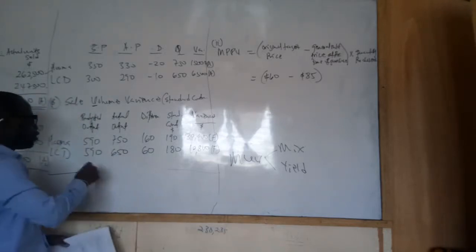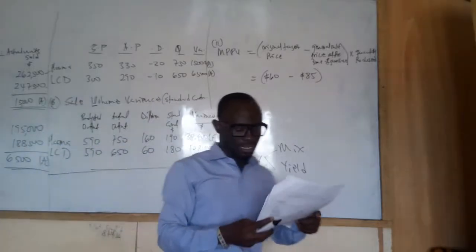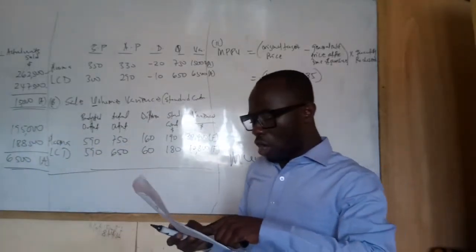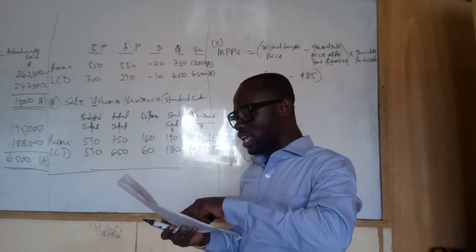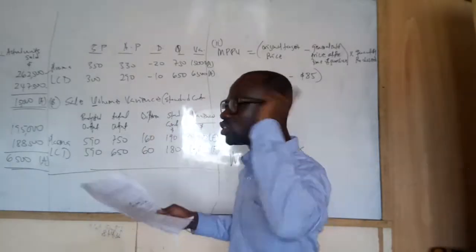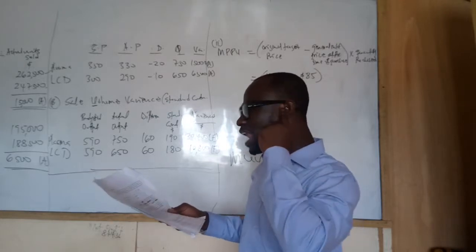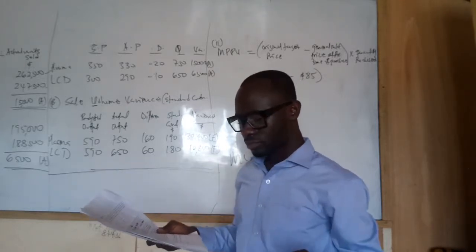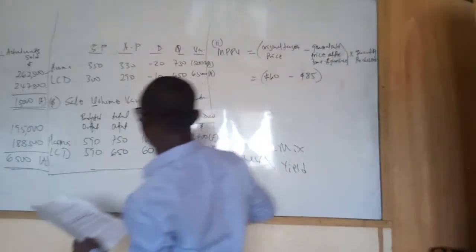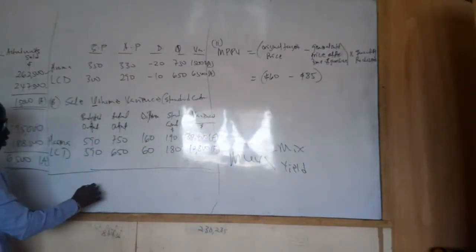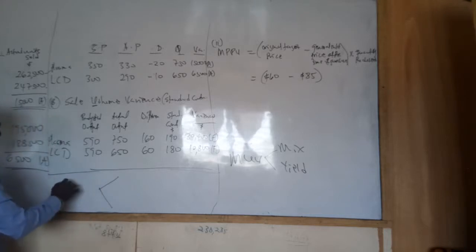It depends on the usage. They said that each plasma TV made and each LCD TV made requires 1 unit of component X. So what does it mean? How many units were made for plasma and the LCD?